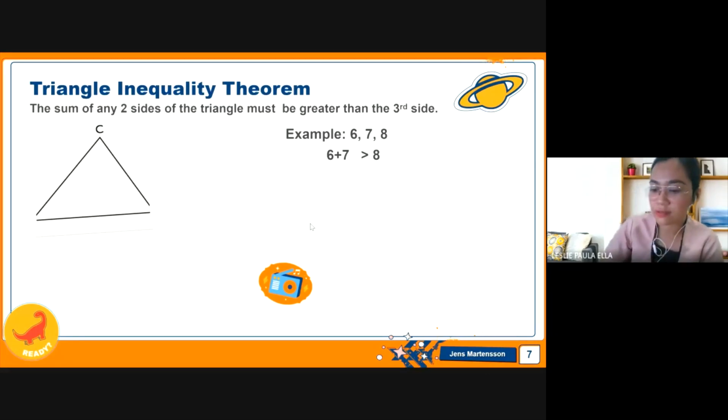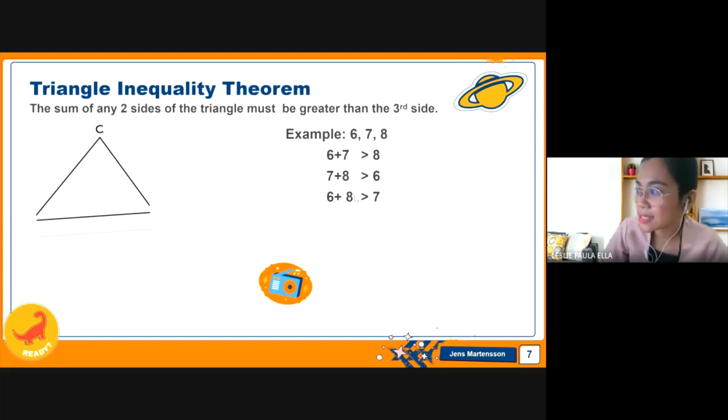It is correct. How about 7 plus 8? Another two sides from the triangle. So now the third side will be 6. If we add 7 to 8, we have 15, and 15 is greater than 6. So that is another point that satisfies the given statement. And lastly, we have the sides 6 and 8.